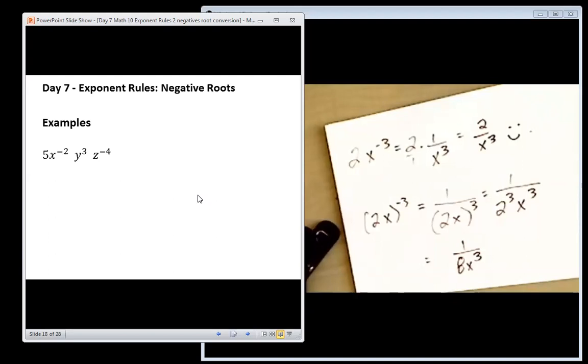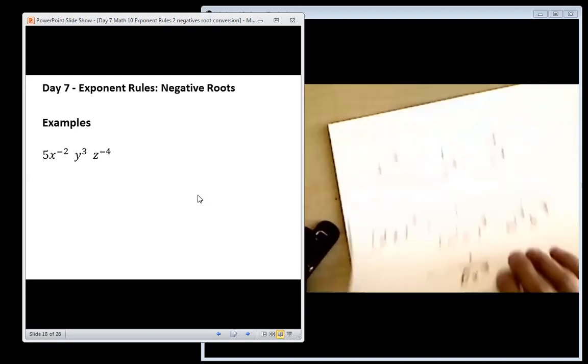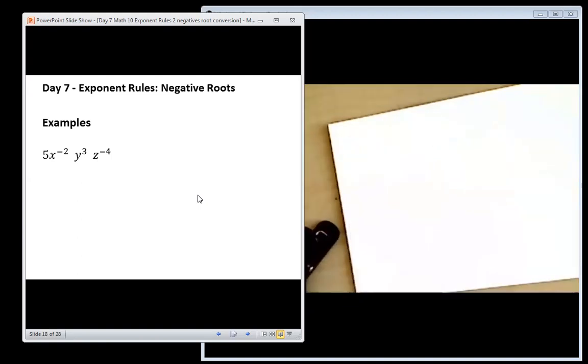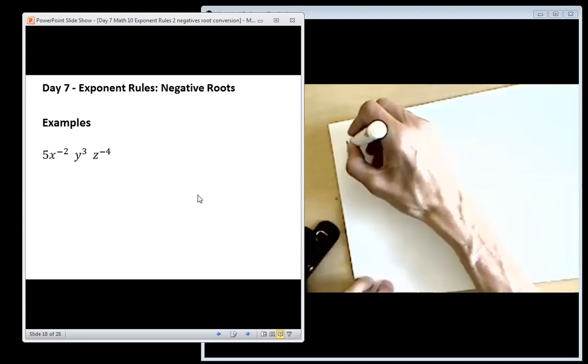This one here, what does it look like? There's really no instructions. Write everything with a positive exponent. You can expect to see something like that.